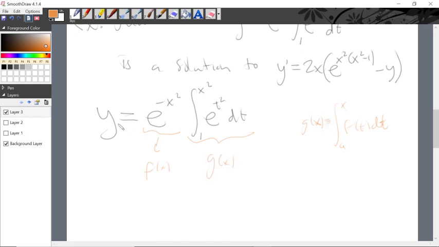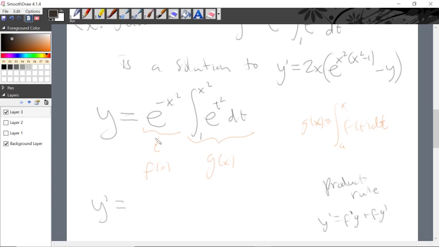So what we have here is y is a product of functions of x. It's an f of x times g of x. And we're asked to show that the derivative is this. Well, now we can take the derivative of this by use of the product rule. So y prime is equal to f prime g plus f g prime.